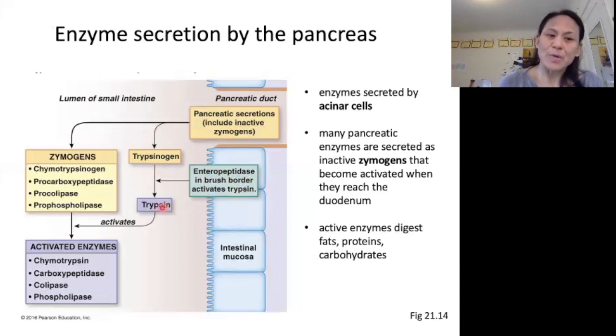It turns into an enzyme called trypsin, and then trypsin goes on to activate all of these zymogens and turn them into these active forms of these enzymes. These active enzymes then go on to digest various molecule types, such as fats, proteins, and carbohydrates in the small intestine. And we will be talking about that in a little bit.